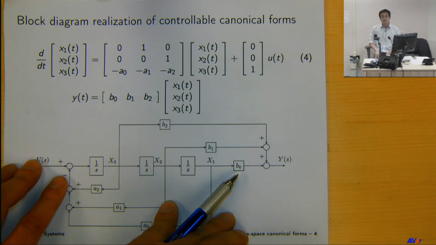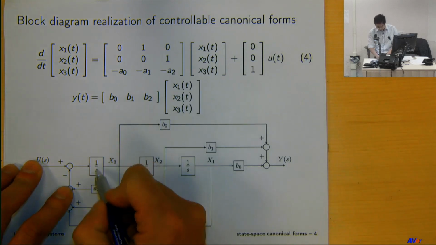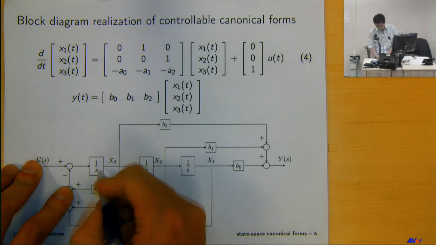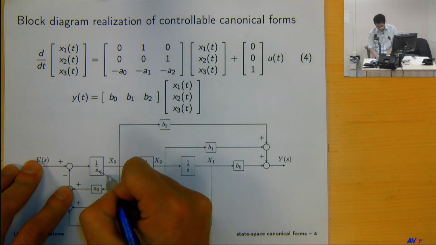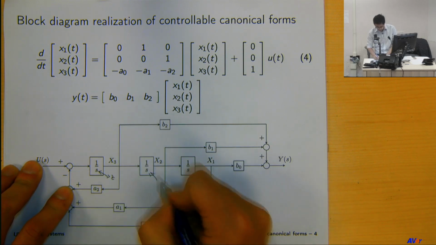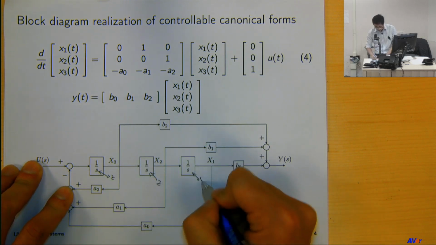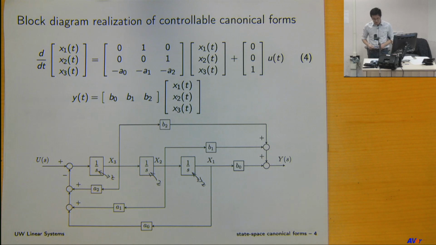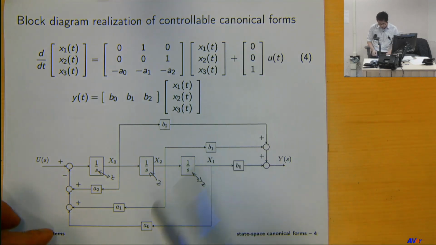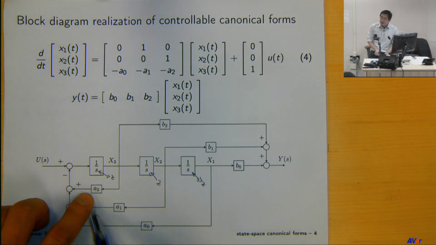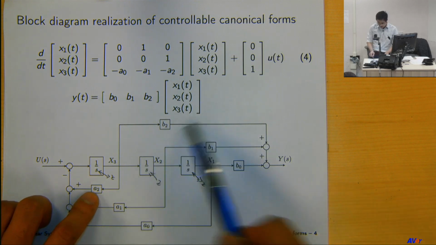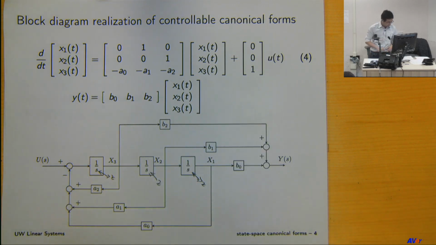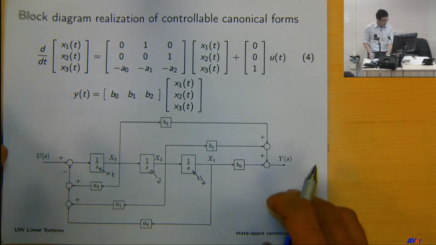Yes, so for a discrete time system, the only thing that changes is to replace this with z. That's the notation difference between these two. So everything else, the coefficients and the location of these coefficients, are exactly the same. Cool.